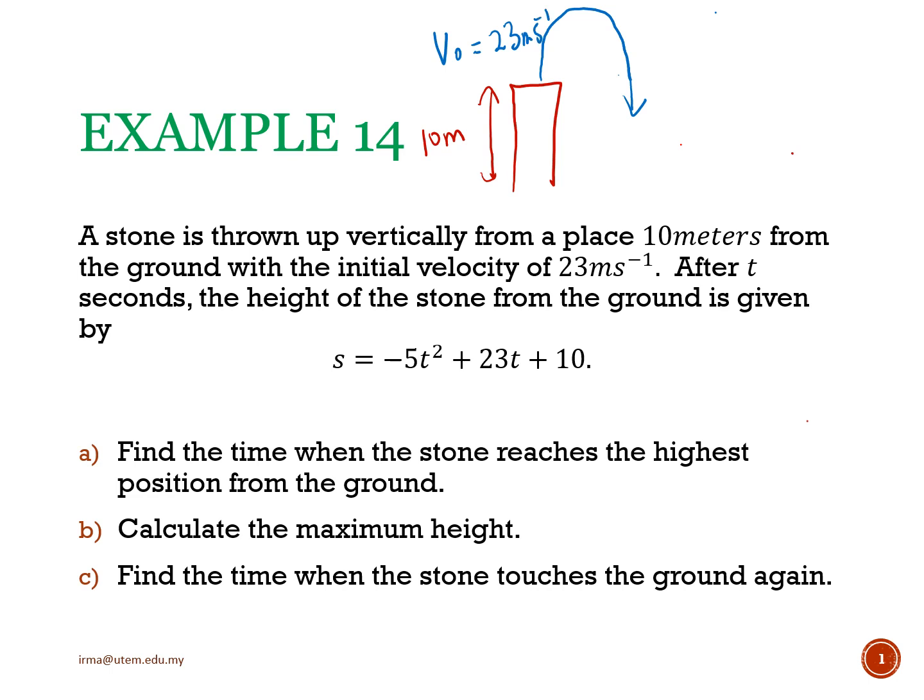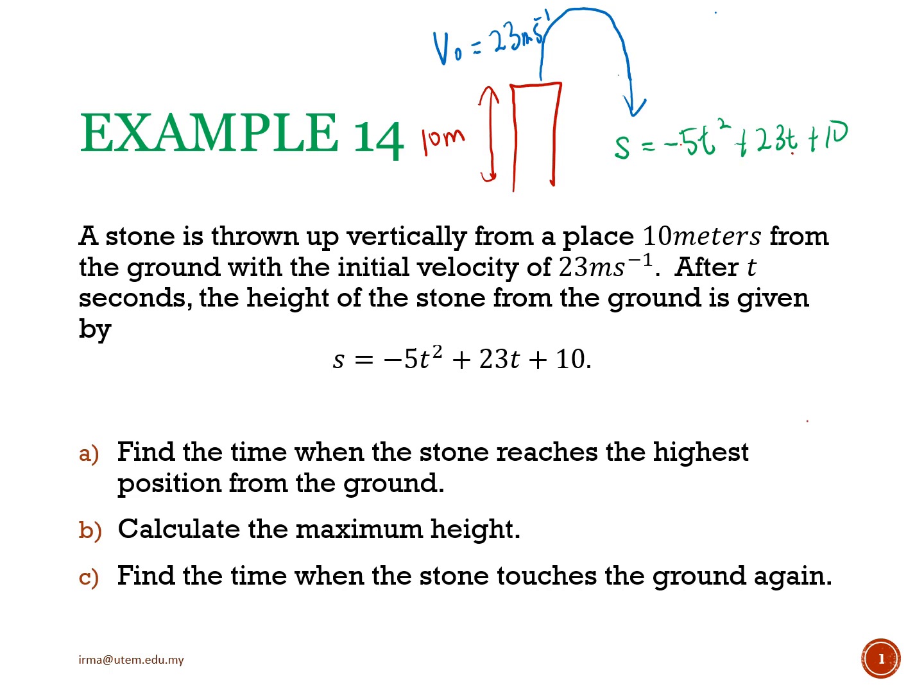And after t seconds, the height s equal to -5t squared plus 23t plus 10. So this is the height of the stone from the ground.